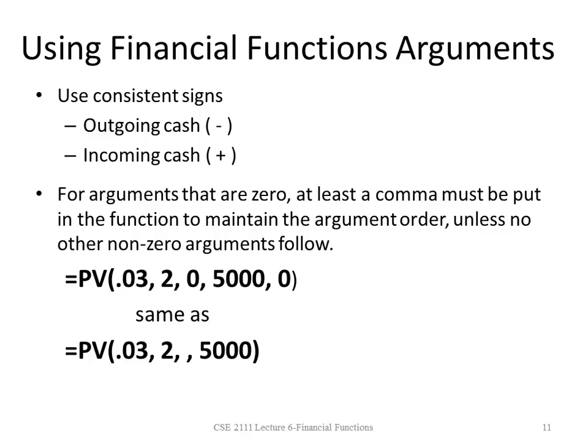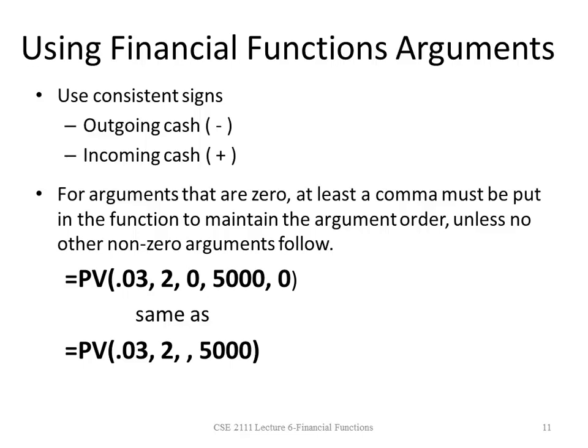On the other hand, if I get a loan for $15,000, it will be considered a positive number because that's money coming to me, even if it's just for a minute.